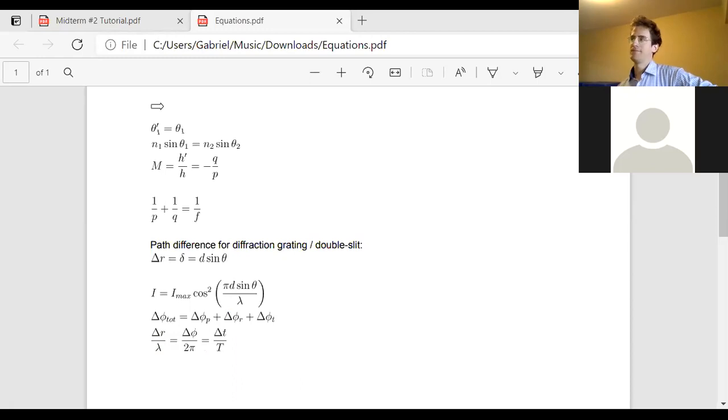We haven't really talked about that too much, but it makes sense that if two light beams arrive at a point and there's some distance apart from each other, that makes a phase change. That means there's a path difference. It's the same thing with timing, because if they are being emitted with different timing, it means that they're at a different part of the cycle when they arrive at the same point. So that is going to affect the phase that they arrive at, and that's going to affect the interference.